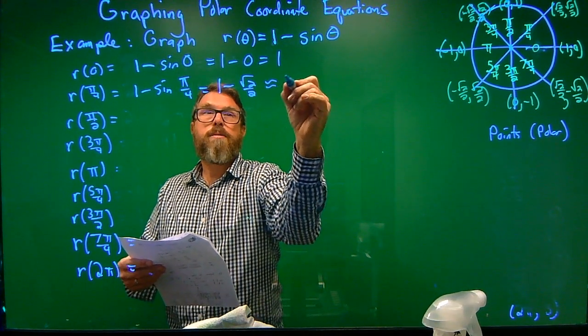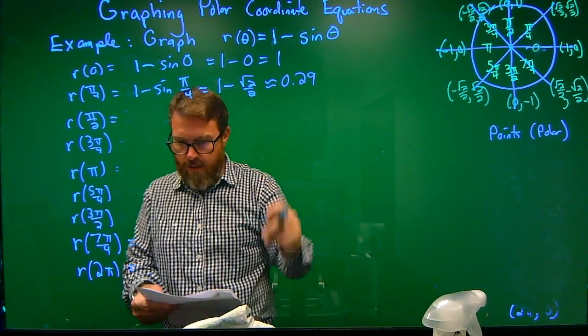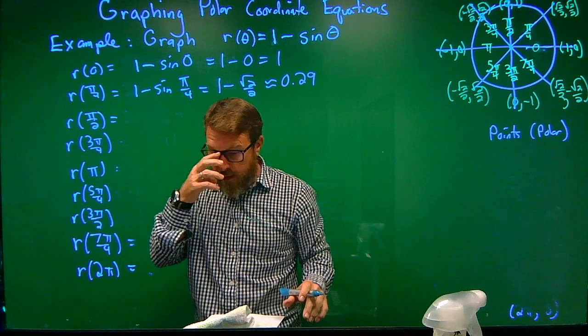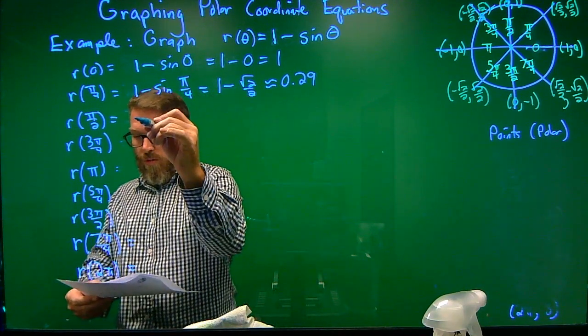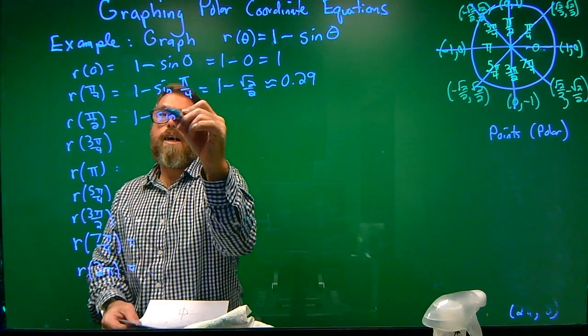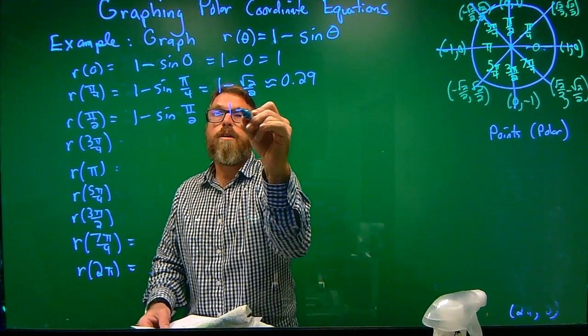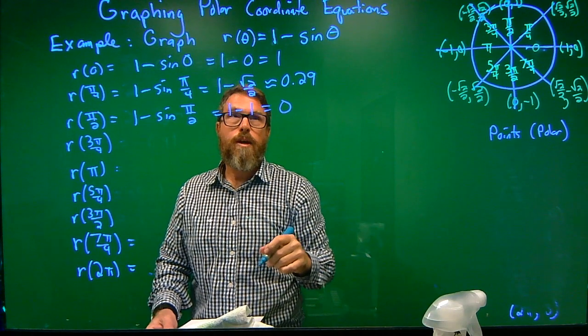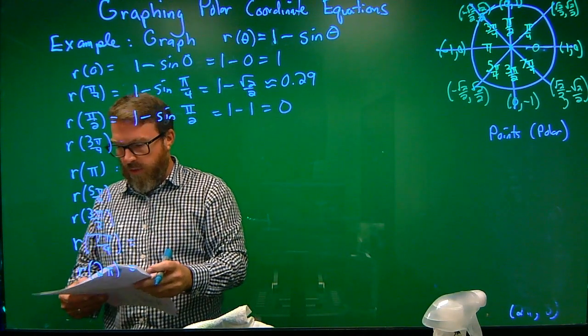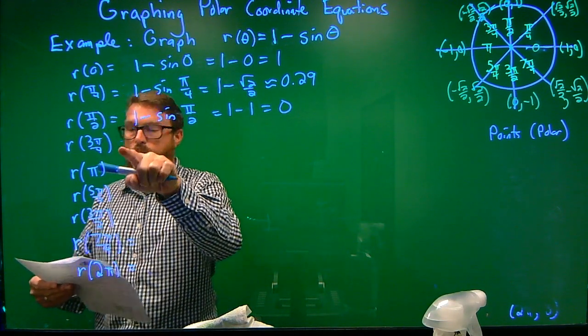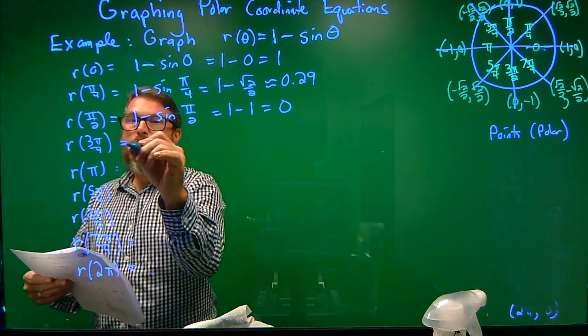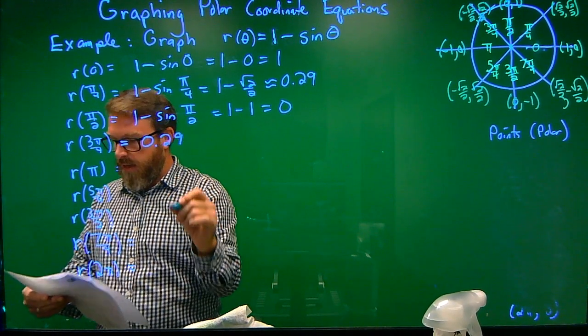As an approximate. Remember, we're trying to graph this, so it's kind of nice to know what the value approximately is. And then r of pi over 2, so this is going to be 1 minus the sine of pi over 2. Now, pi over 2 is here, so this is going to be 1 minus 1, which is going to be equal to 0. And then we can kind of just go through the rest of that. 3 pi over 4, we're going to get 0.29.